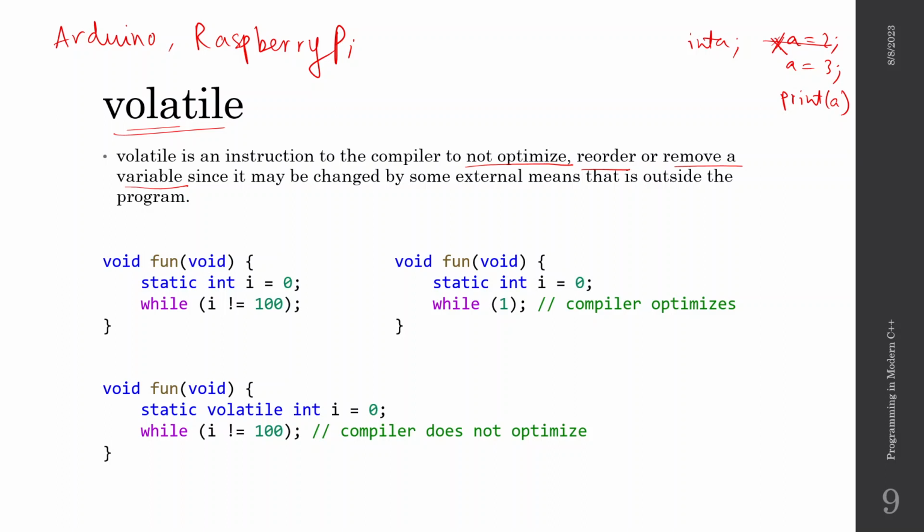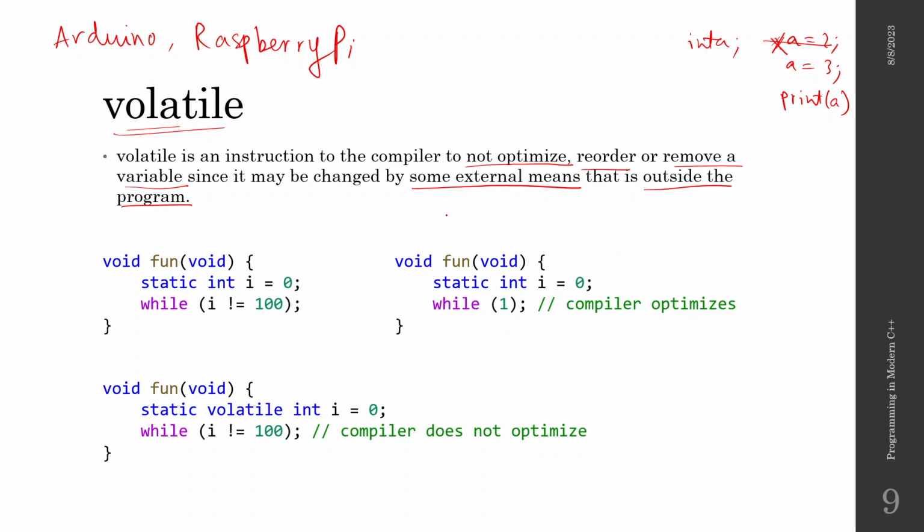Not to remove a statement or do any optimization. Now why would somebody want that? Why would the programmer want that the compiler not optimize their code? It is because the variable may be changed by some external means that is outside the control of the program.